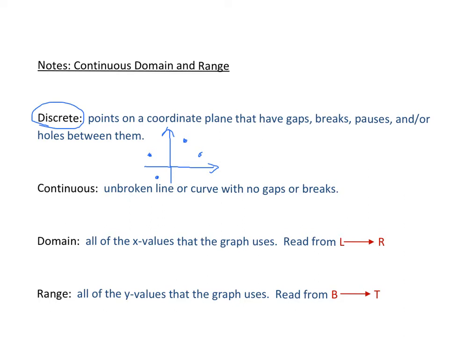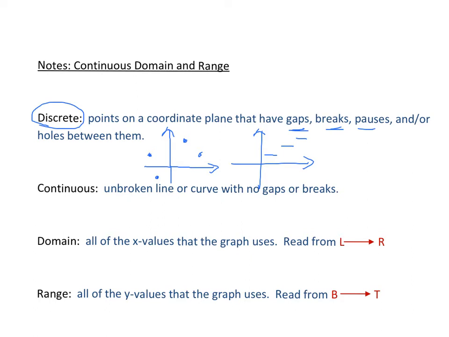Each of the points has gaps and breaks and pauses. Another example would be the one that we looked at in class, which was called a step function. That would be considered a discrete function also because of the breaks that are in the lines.